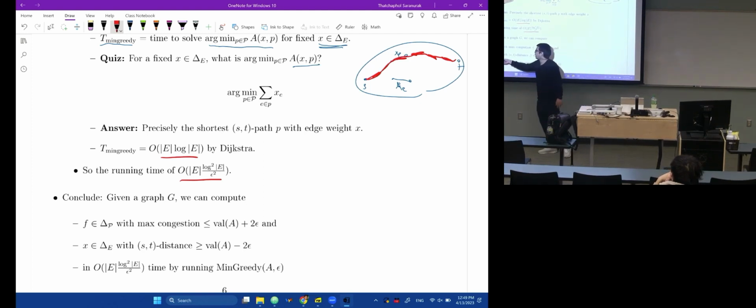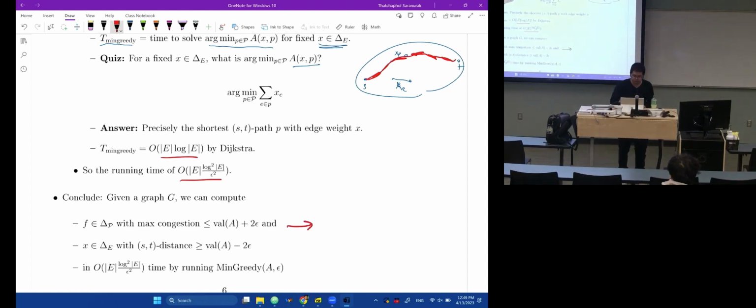And also you get the weights x_e such that the s-t distance is almost maximized, almost as good as the best distance minus something. And the total time is almost linear.